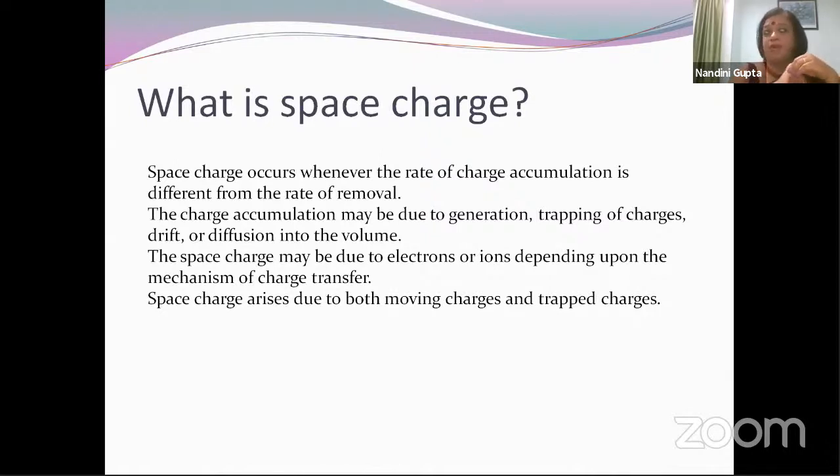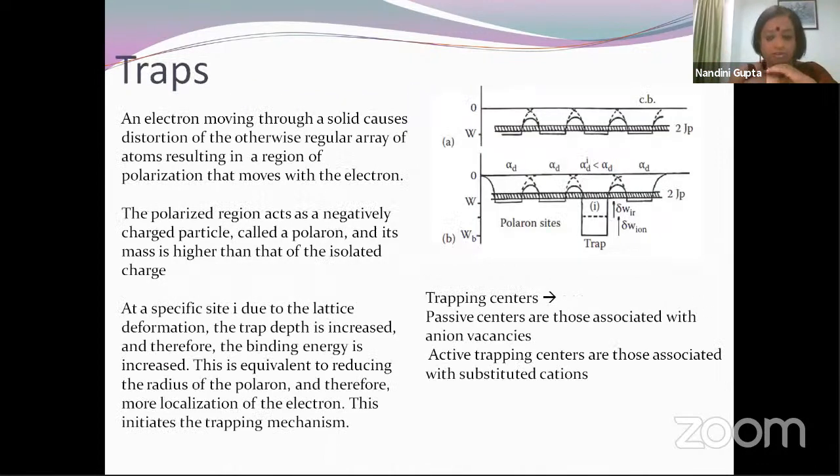Then there is trapping and detrapping of charges, something that I will discuss in the coming slides: how charges can get trapped in the material or can be released from traps in the material, which is called detrapping. And then drift or diffusion through the volume. These are all processes by which charge can arrive at a particular location.